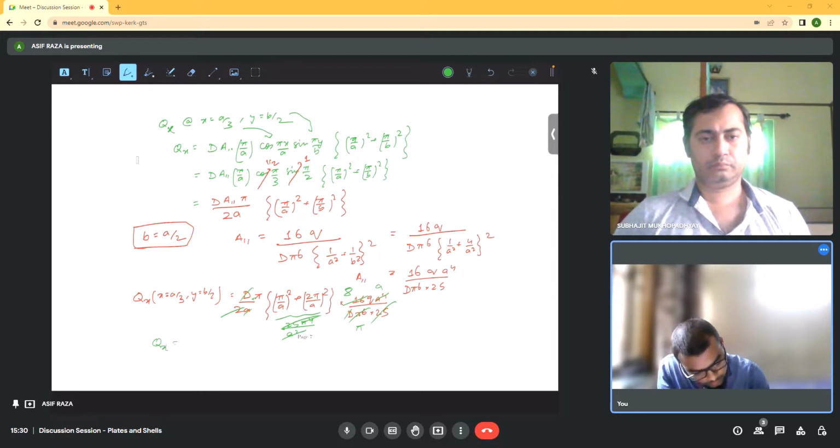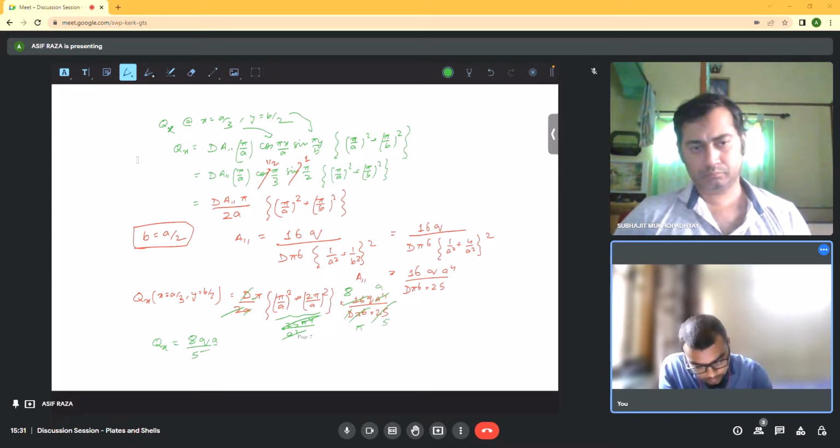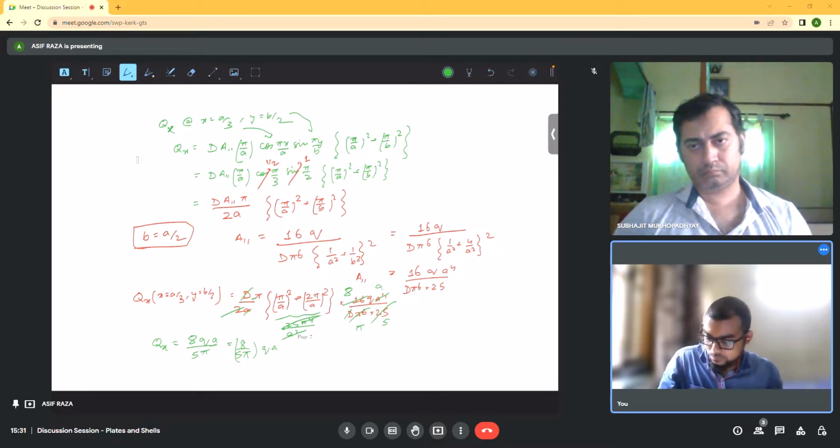8 q a upon 5 π. So if we simplify, 8 upon 5 π q a, what is the value of this 8 upon 5 π? 8 divided by 5 divided by π.